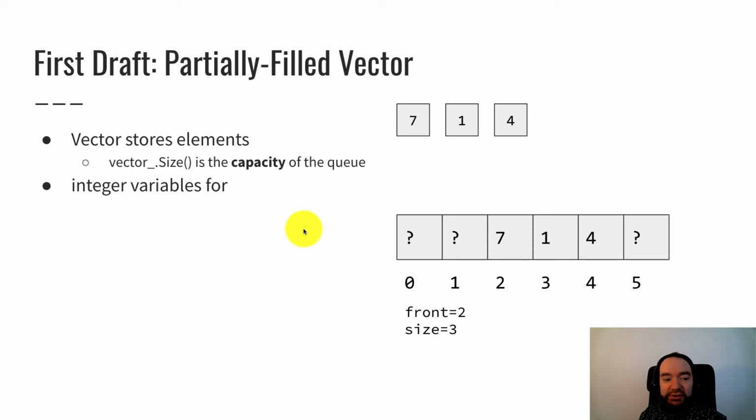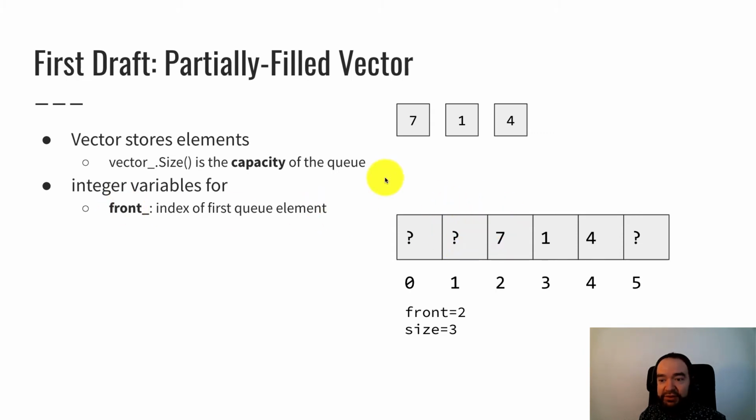Our queue data structure needs integer variables for front. Front is the index of the first queue element. We'll see in a moment why this is necessary, but the front of the queue is not pinned down at a particular index. It's not like index 0 always holds the front. The front can move. So to keep track of that, we have an integer variable called front, and front tells us where the front element actually is.